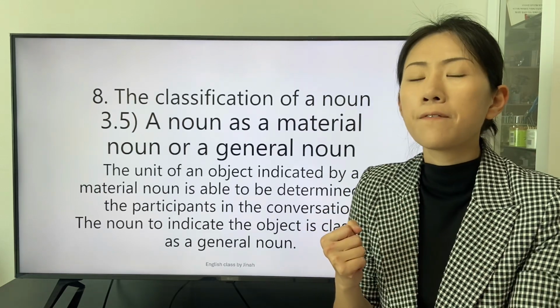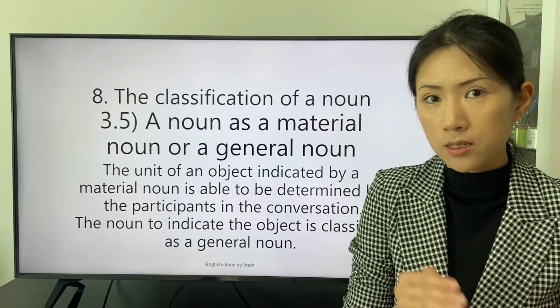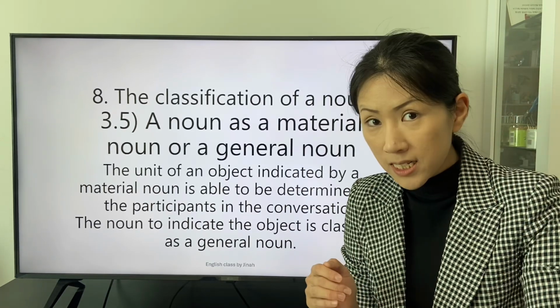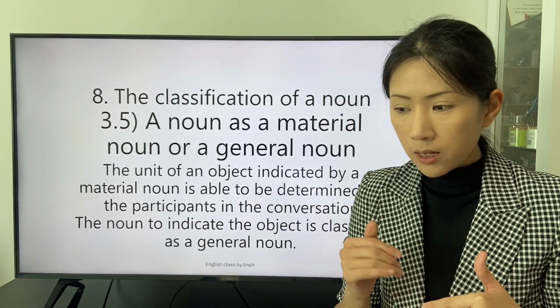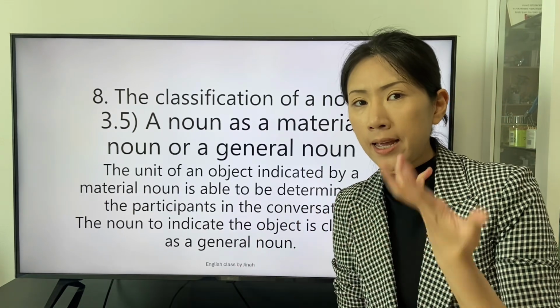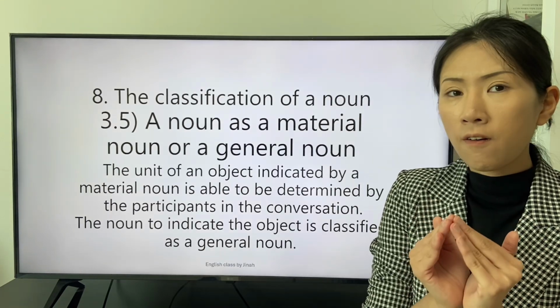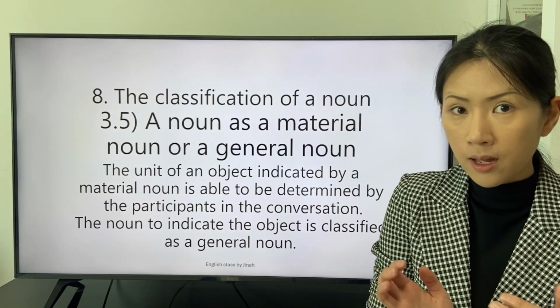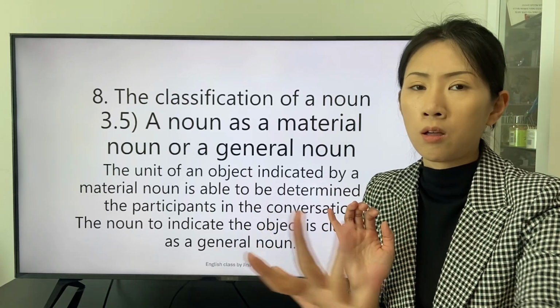But let's think of the occasion to divide the pizza into pieces. From then, the pizza is classified as a material noun because the unit of the pizza is not set within the linguistic group.